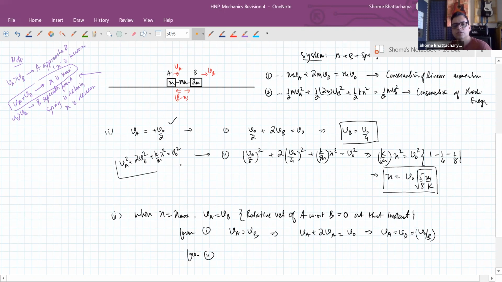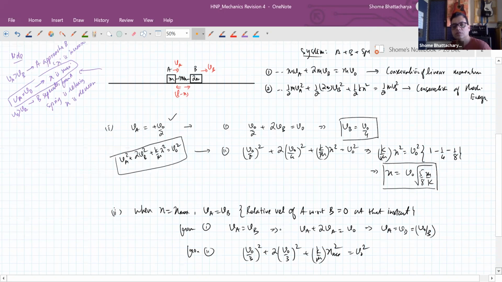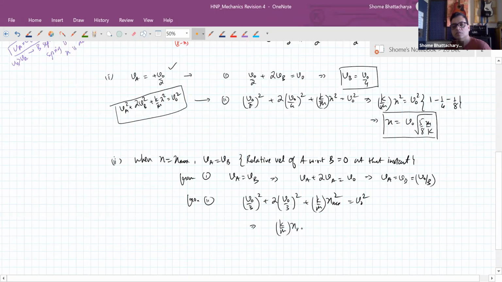So we'll use this form of equation 2. VA square, which is V naught by 3 whole square, plus 2 VB square, which is also V naught by 3, plus K by M into X maximum value squared is equal to V naught square. So this will give us the simple relation. This time we have 1 minus 1 by 9 minus 2 by 9.